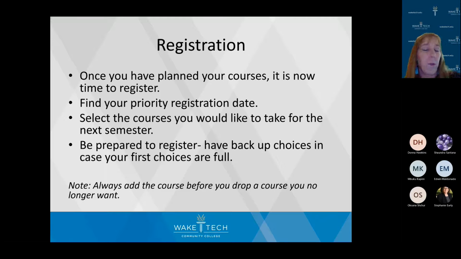One thing I always tell people also, when you're doing registration, if you make an oops, and all of a sudden you realize you signed up for a class that was not even in your plan, you can just drop that course right away. There's no consequence to that. However, especially once we start the semester, it's very important to always add a course before you drop.